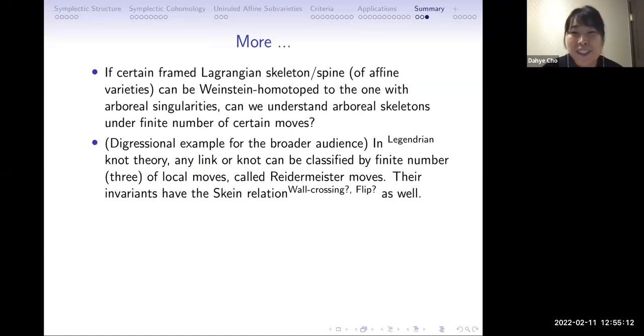For example, in knot theory, any link will not be classified by a finite number of local moves. So can you get a finite number of operations to explain things?